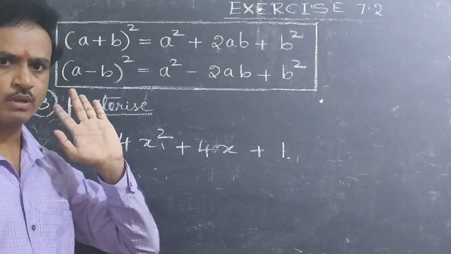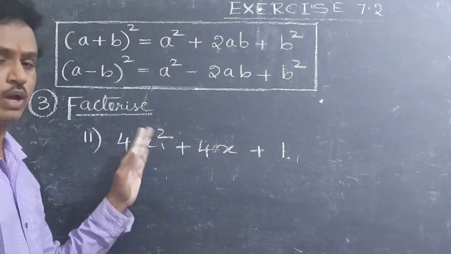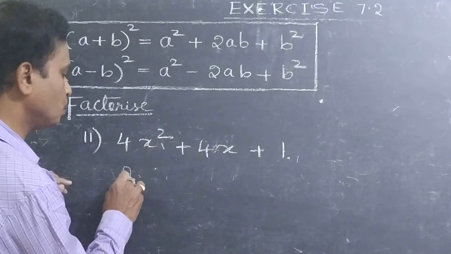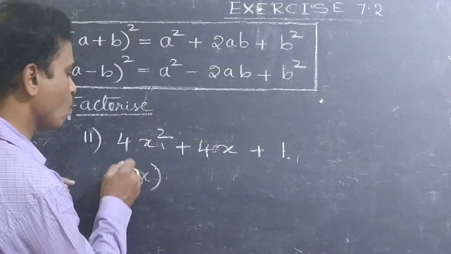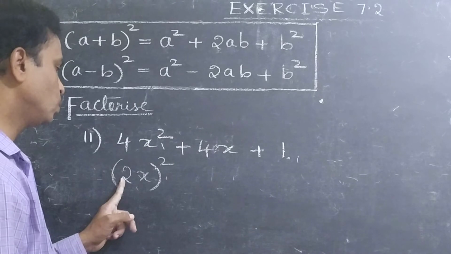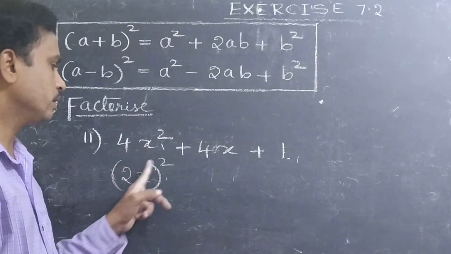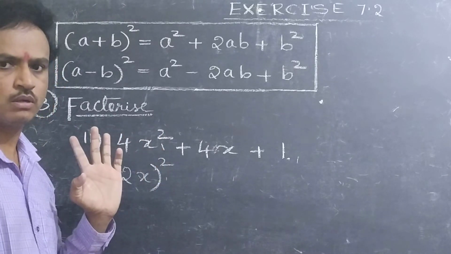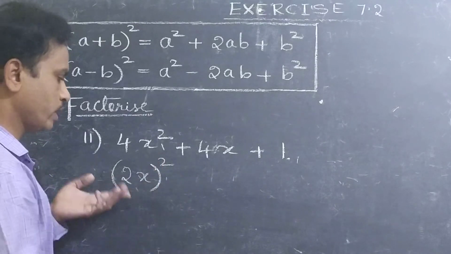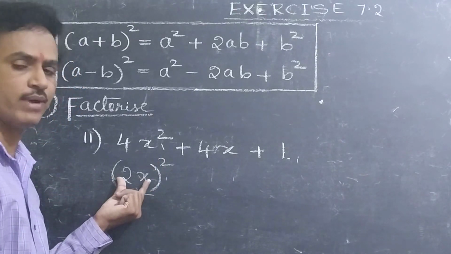Now what should we do? 4x square can be written as 2x whole square. 2 square is 4, x square, here also x square. Now 4x square can be written as 2x whole square. That means only this part becomes the a value.